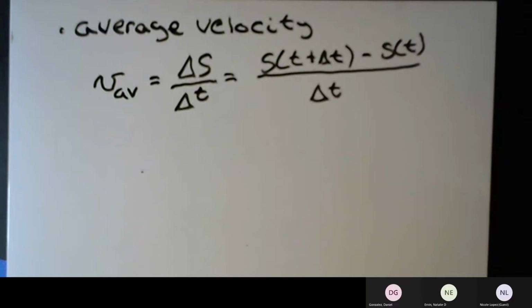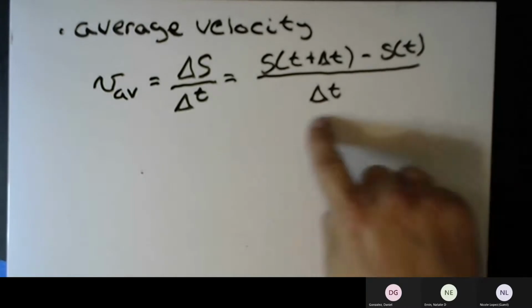And then we're going to get something called instantaneous velocity. Now, average velocity doesn't always capture it if you're changing your velocity, speeding up, slowing down.